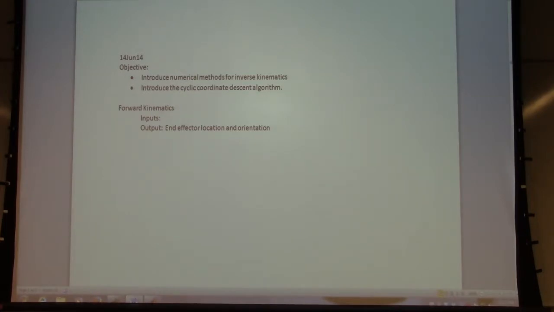Okay. The inputs then are those DH parameters. So we put in the DH parameters. Those DH parameters include all of the information that we need to know in order to figure out where that end effector is located. Okay. How many possible solutions are there to this?